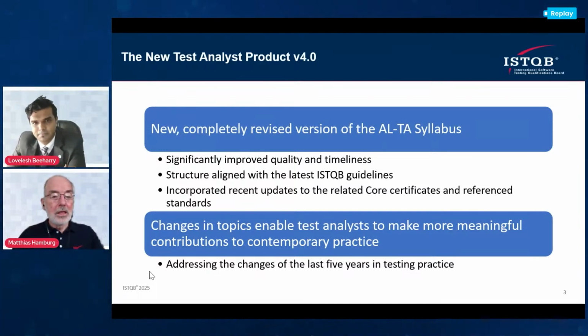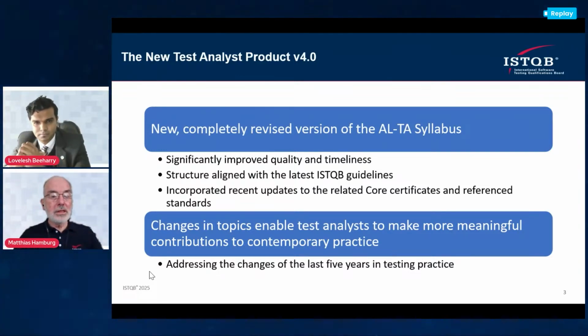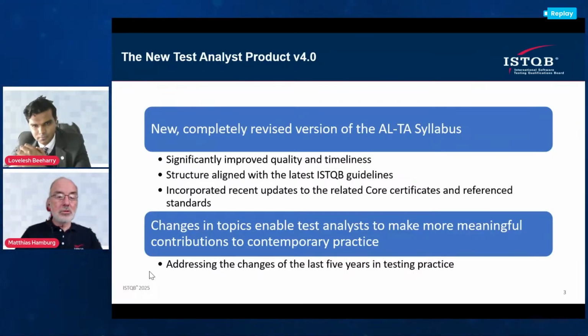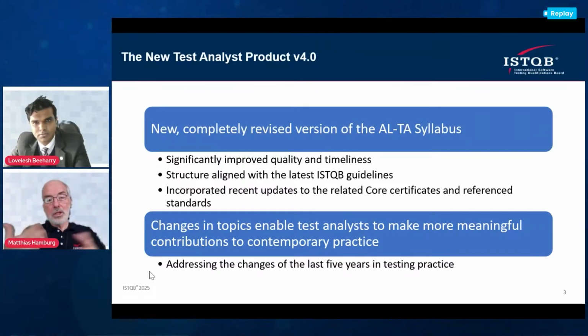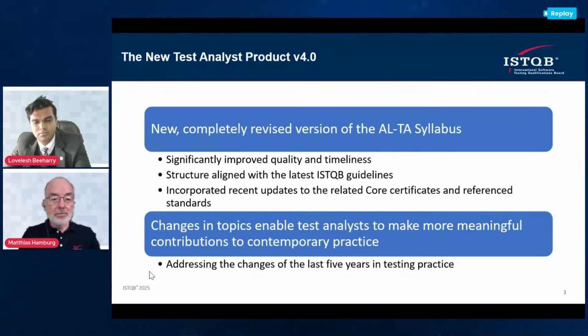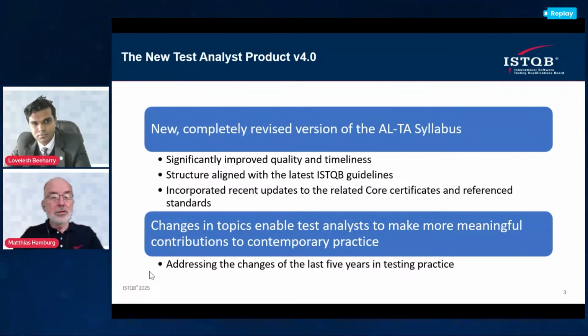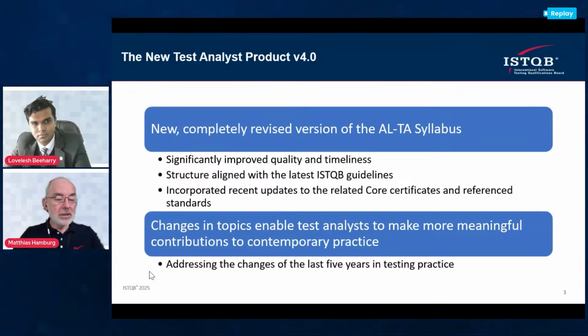So we aligned the structure with the latest ISTQB guidelines. We incorporated recent updates of the core certificates. I can discuss them in more detail later. And we also aligned the topics with the needs of current testing in the industry.